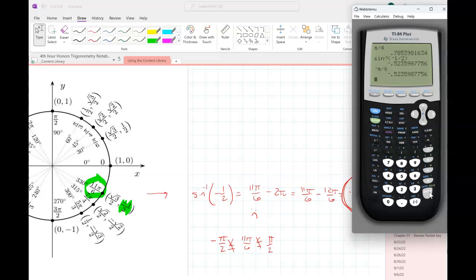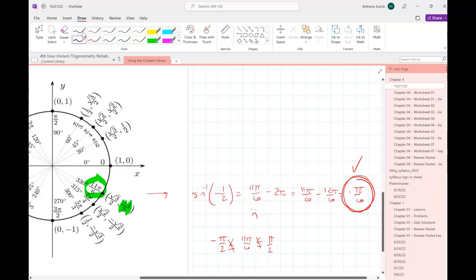Everybody kind of see that? So it's eminently checkable on your calculator, right? You type the thing into your calculator, it gives you the kooky decimal, which you can check against the exact value that you found using the unit circle. Right? Is everybody okay with that? Okay.